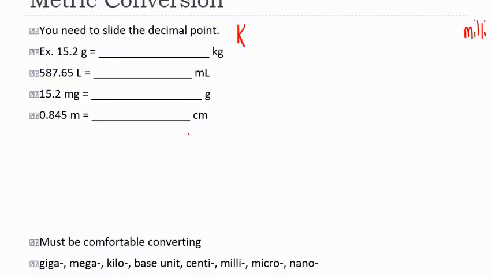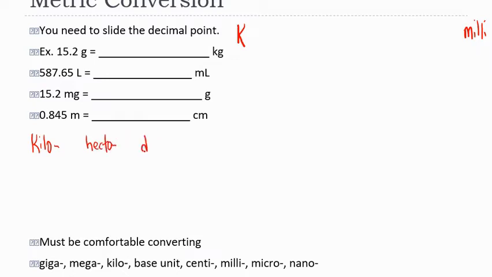So when we do that, we need to know where we're at on this scale to be able to slide that decimal point back and forth. We start with kilo, and that could be a kilogram, a kiloliter, or a kilometer. We then move to hecto.